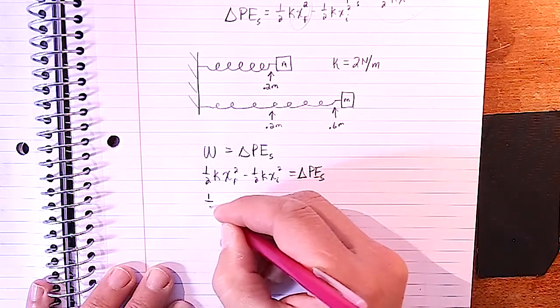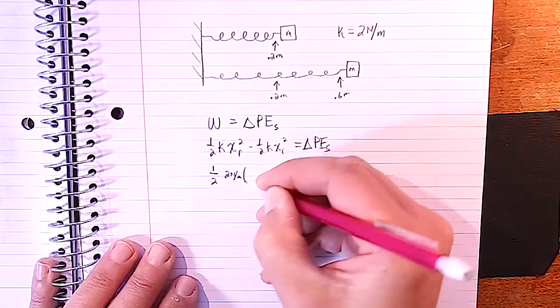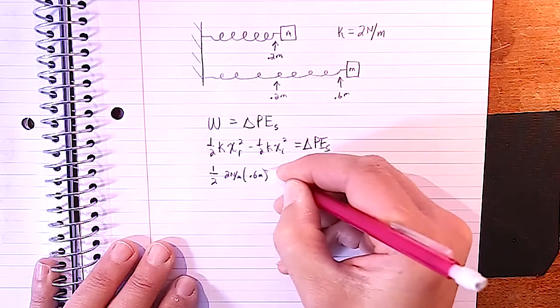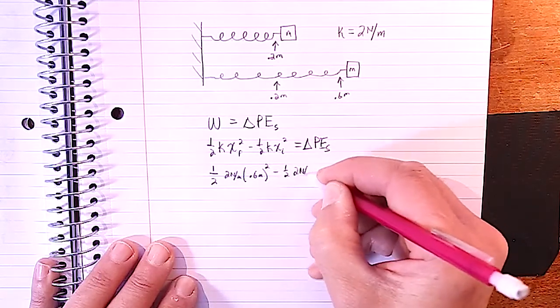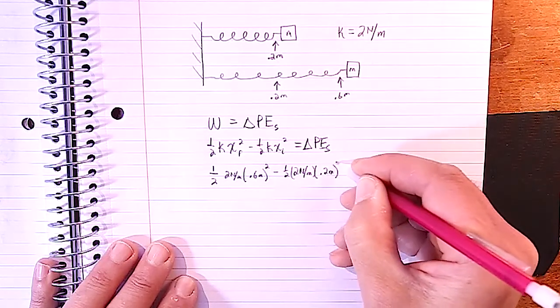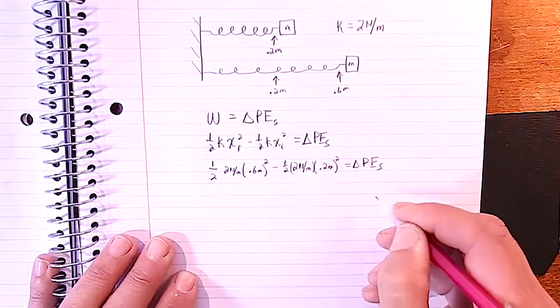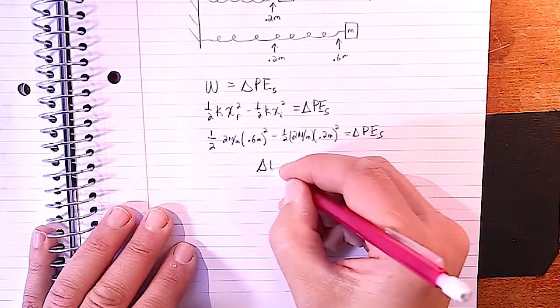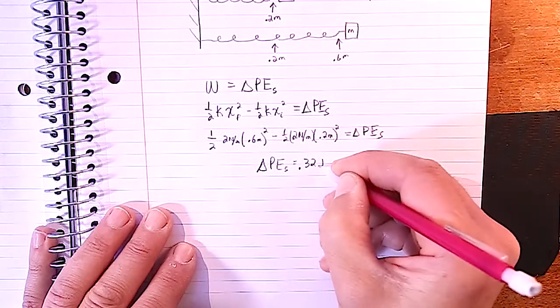So that's going to be 1/2 2 newtons per meter times 0.6 meters squared minus 1/2 2 newtons per meter times 0.2 meters squared, and that's our change in spring potential energy. That comes out to a value of 0.32 joules.